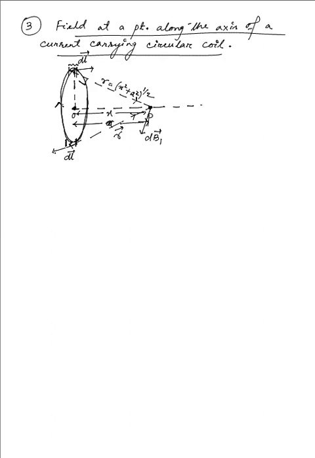And if you use your right hand for the bottom dl element and curl it towards r, then dB2 will be along this direction, which I'm going to indicate by a different ink for your convenience. This will be dB2.